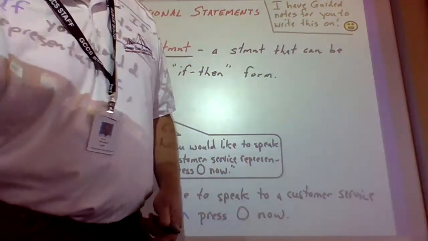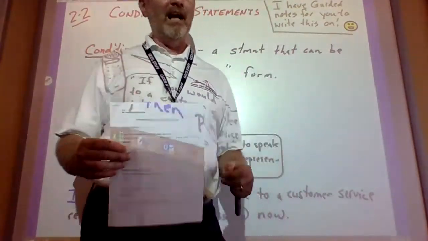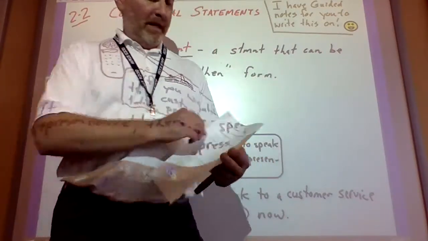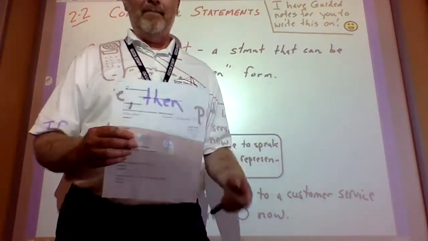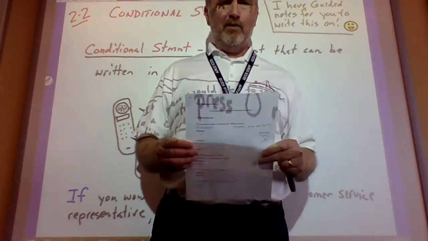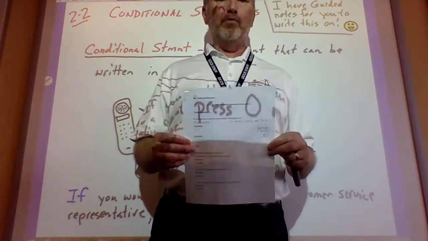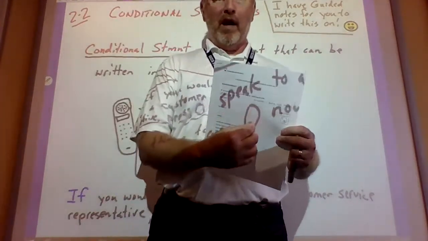So, today we're working in this section where there's a lot of writing going on. I have guided notes. They say 2-2 conditional statements at the top. I've put this in Google Classroom with the video. And so if you want to print these out and have them to help save you on writing time, you can.